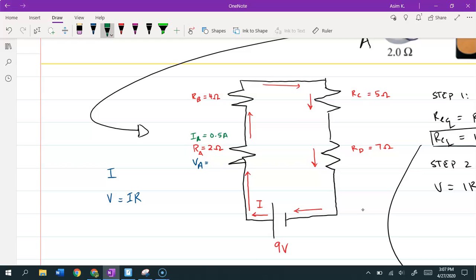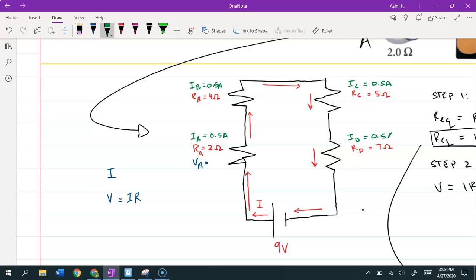The current running through the second resistor is also 0.5 amperes. Notice how it doesn't matter what the resistor is anymore. It's all about the fact that they're in series. Because they're in series, you just go to every single resistor and say that the current running through each one of them is 0.5 amperes, like this.